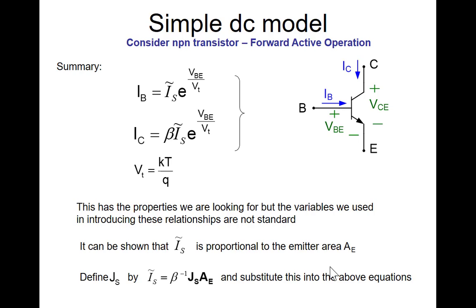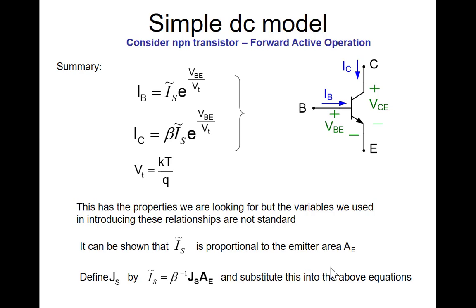So I'm going to define the parameter JS by this expression. JS is equal to IS tilde times beta over AE, or equivalently, IS tilde is equal to 1 over beta times JS AE. So I'm defining a new parameter JS, which is related to IS tilde and to beta by this expression.